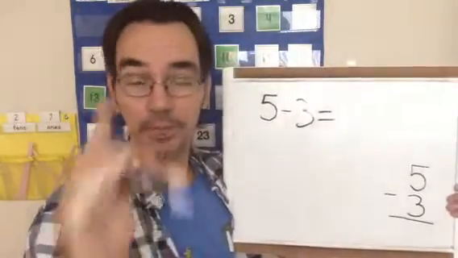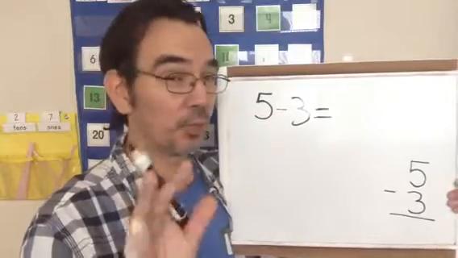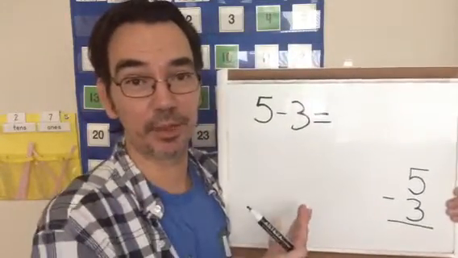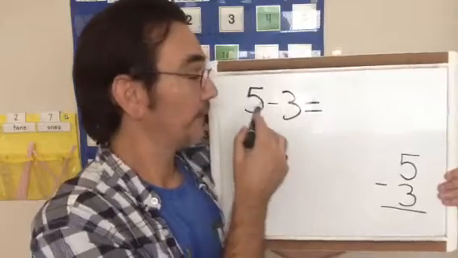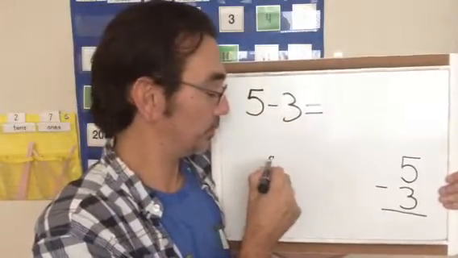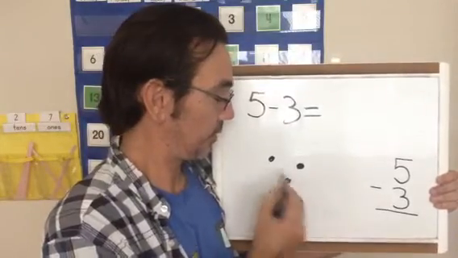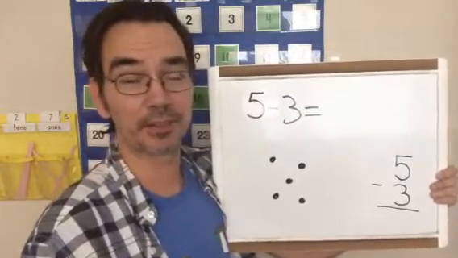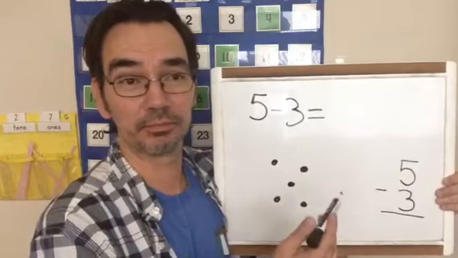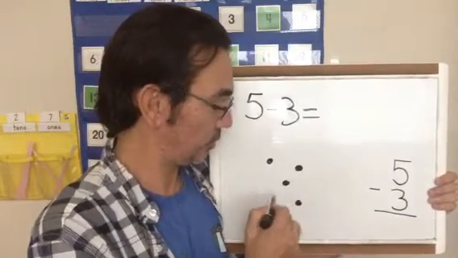Now, the first strategy that we tried, and the first strategy that we really got comfortable with was using the dots. And we can do that right here. So first, subtraction problem 5 minus 3. So let's make our 5 dots. There's our 5 dots. Now how many are we going to take away from that 5? That's right, 3. So we're going to circle 3 of them. 1, 2, 3.